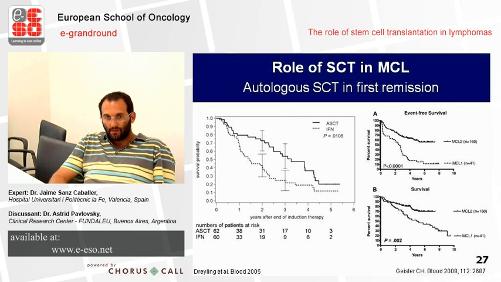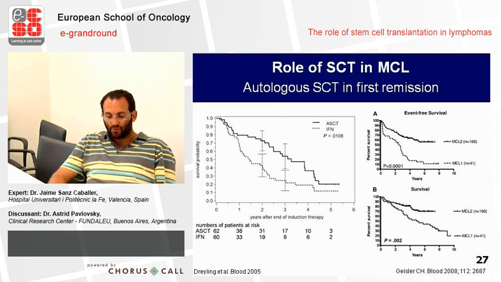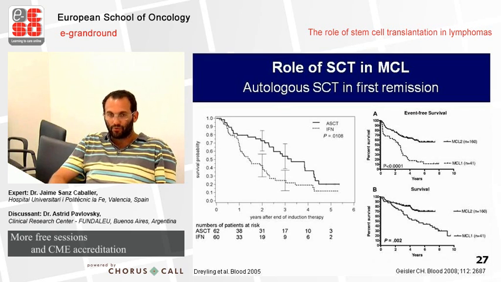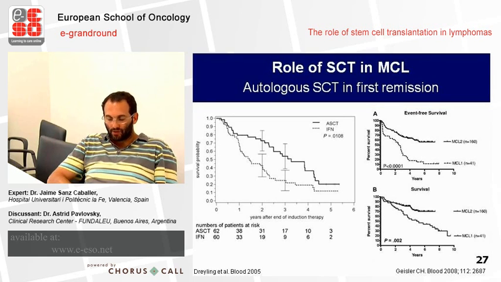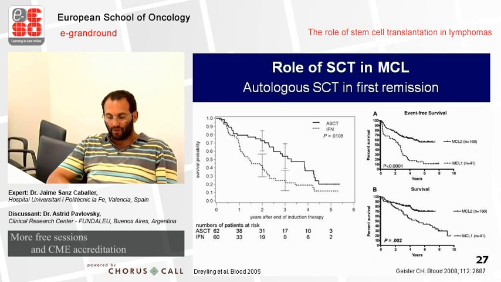In that study, 122 patients were randomized after responding to a CHOP-like regimen to either maintenance with interferon 3 times a week or intensification with high-dose chemotherapy and autologous transplant. Patients in the transplant arm had a better progression-free survival when compared with interferon patients. However, overall survival was similar at 3 years, 83 versus 77%.